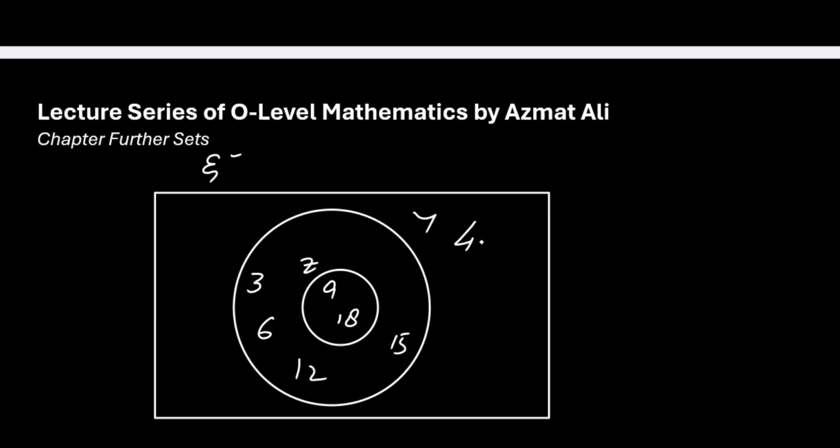So 4, 5, 6 already has been written, 7, 8, 10, 11, 13, 14, 16, 17. So this is a Venn diagram that represents all of these three sets.